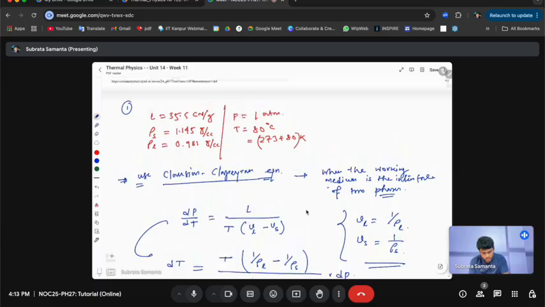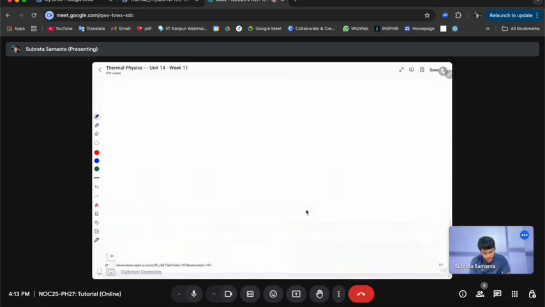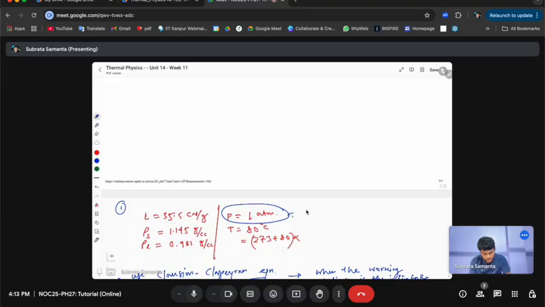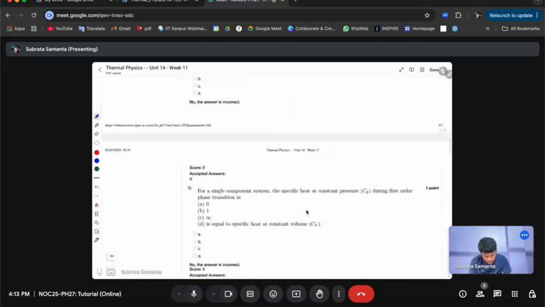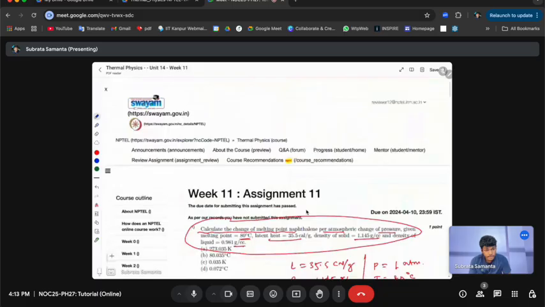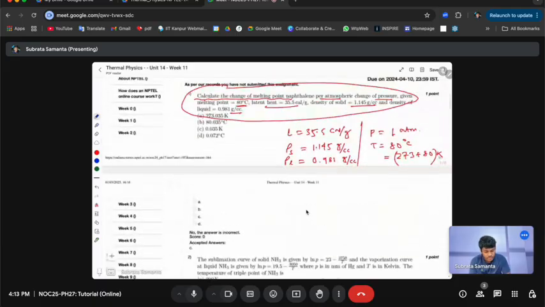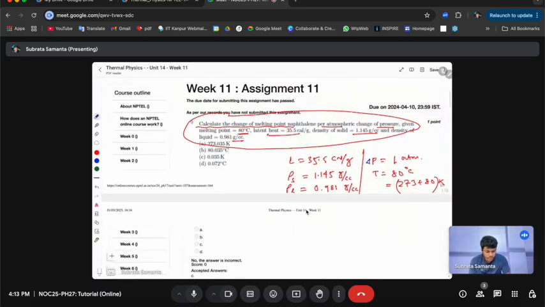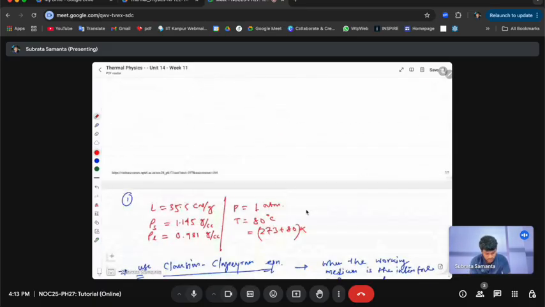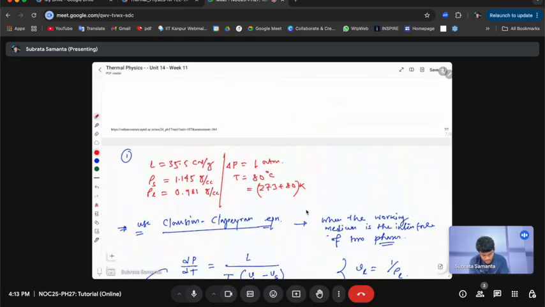Going back to the problem statement: calculate the change in melting point of naphthalene per atmospheric change of pressure. So delta P is 1 atm.